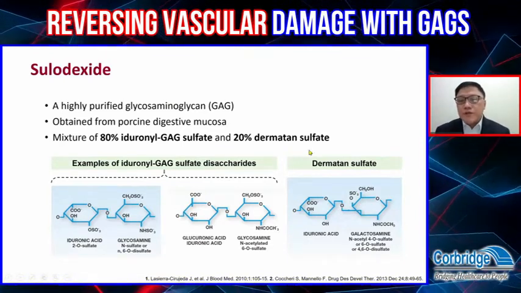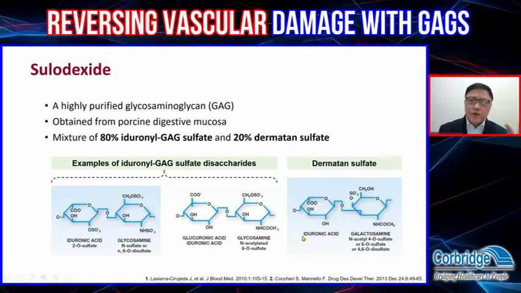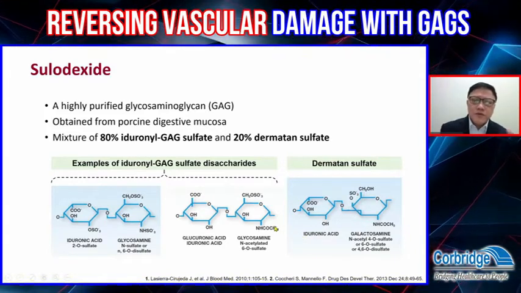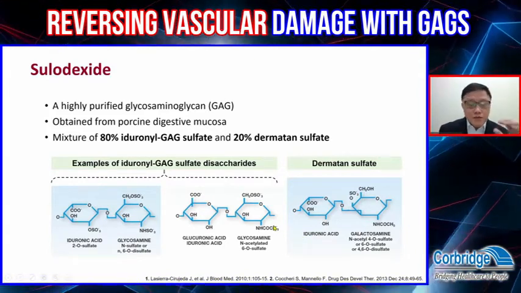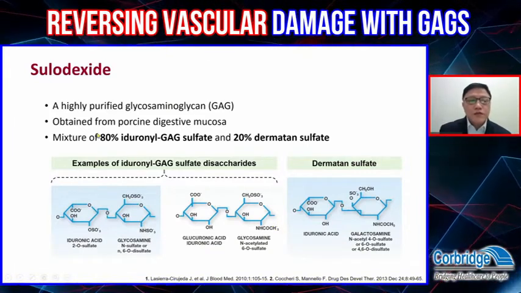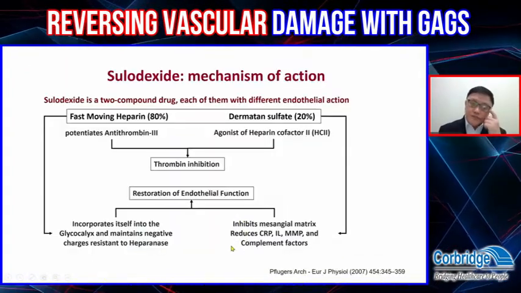And the other component is dermatan sulfate. So how were you able to achieve this? Through, of course, a purification process. And with the purification process, you come out with 80% and 20% of these two components.